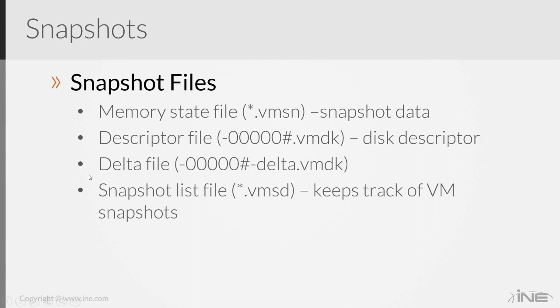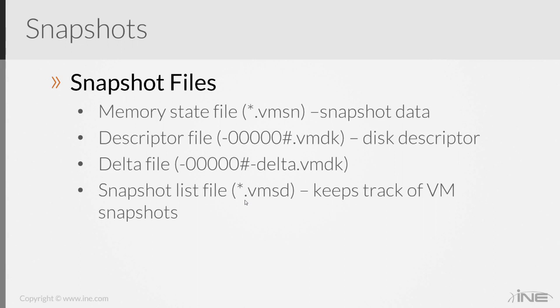Next, we would have our delta file that the changes would be written to. Finally, we would have our VMSD file, and this basically keeps track of the various snapshots that we have on our system. So it will store information and metadata about our snapshots.